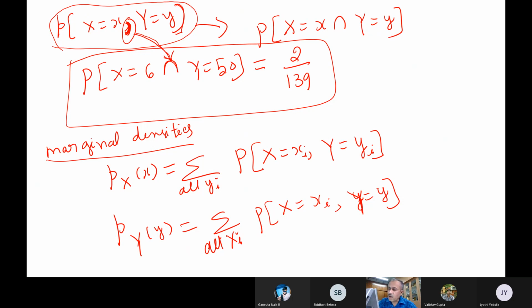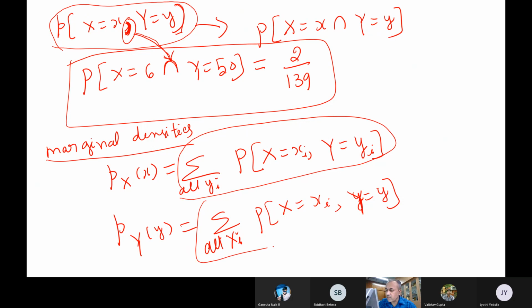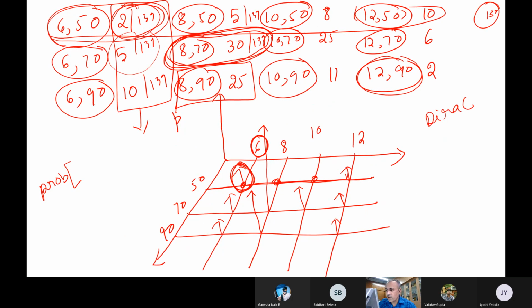Now if we sum up our row and column, what do we get? Like last class I told you, this is a two-dimensional probability function. Here you can sum over x, so summing up over the row or summing up over the column basically, you get their one-dimensional densities. If you sum up over duration, you will get productivity.